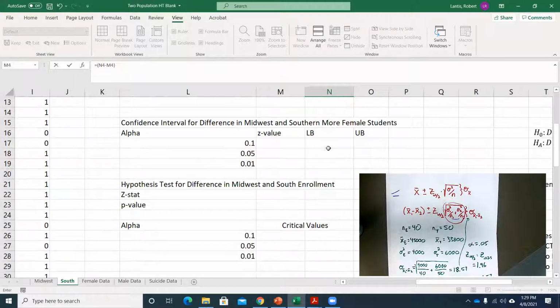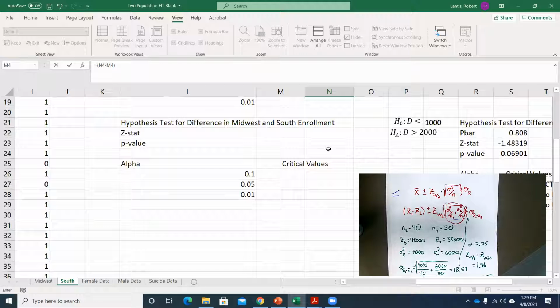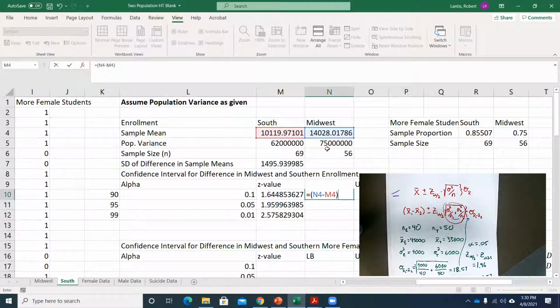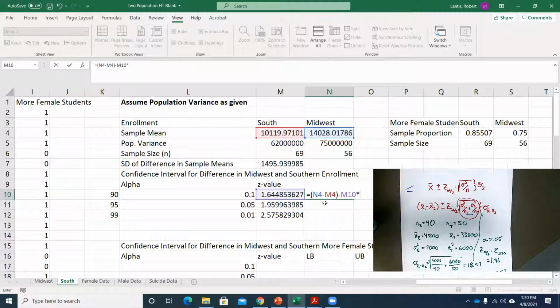So test difference, I have a greater than test. Yep, Midwest minus the South, so I have it typed out correct. We then subtract to get the lower bound our Z value multiplied by that intermediate value we calculated, which was the standard deviation of my sample means. Once I had that Z value, I've got everything I need here. It's just using Excel to be my calculator. Okay.